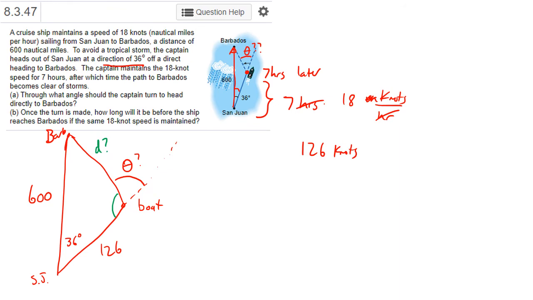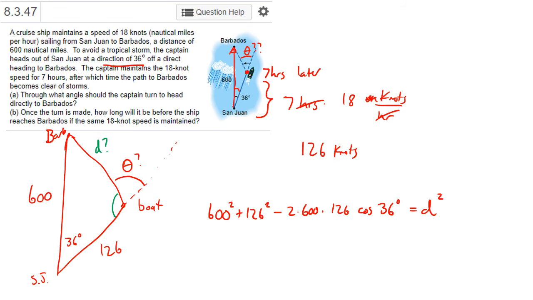Okay, so looking at the way I've set up this triangle, we are going to have 600 squared plus 126 squared minus 2 times 600 times 126 times the cosine of 36 degrees is equal to our missing length squared.